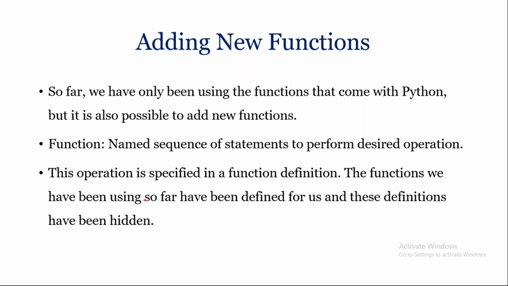The functions we have been using so far have been defined for us, and these functions have been hidden. Now this statement is important, right? This statement goes into the advantage of writing a function.